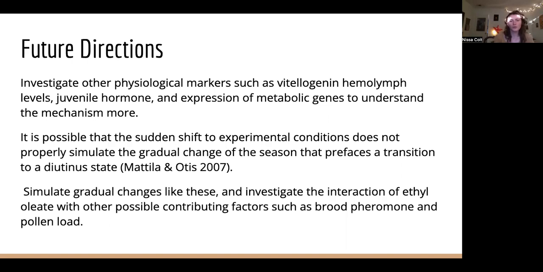So it would be interesting to show how dwindling pollen supplies affect the interaction of ethyl oleate and brood pheromone and a number of other factors. Because as we know, as biologists, as beekeepers, there's so much going on and so much interacting that we would never really be able to fully recreate a natural environment when we're managing our bees.